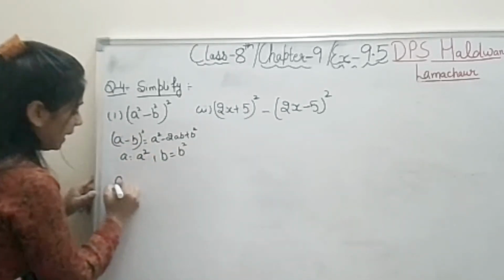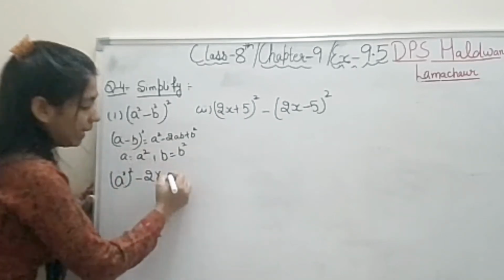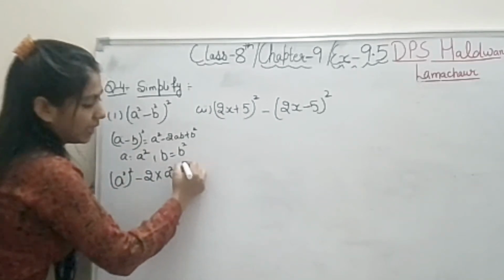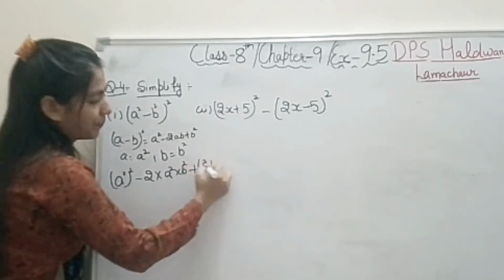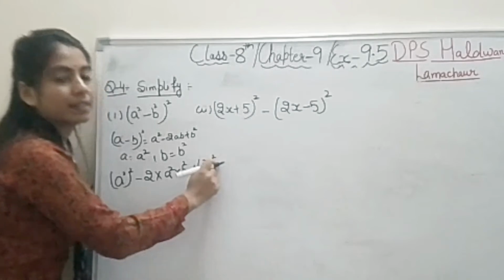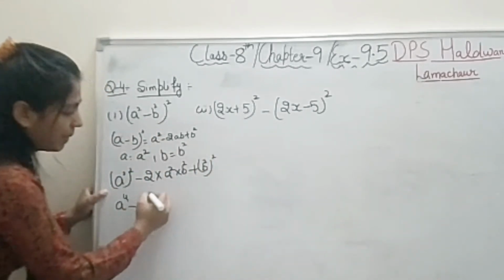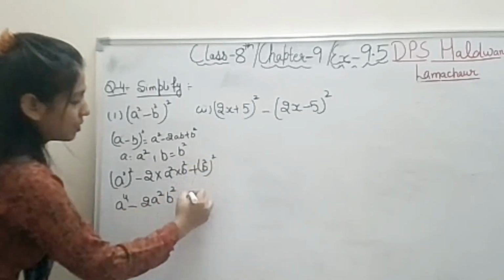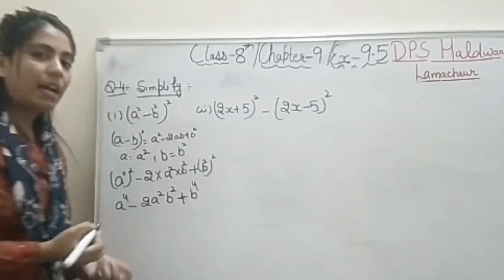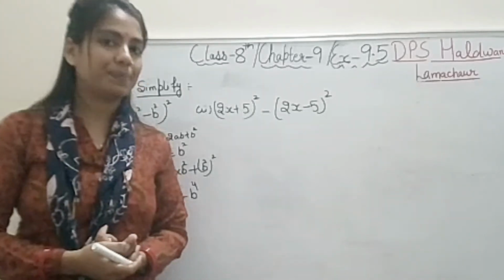So it means a square minus 2ab plus b square. Right, student? Now a raised to power 4 minus 2a square b square plus b raised to power 4. That's it. If you know the identity, the question becomes very simple.